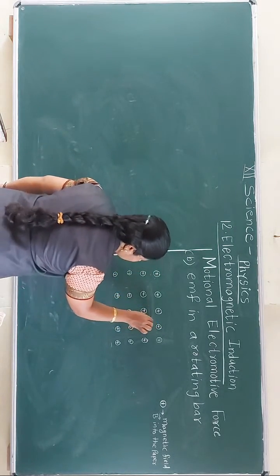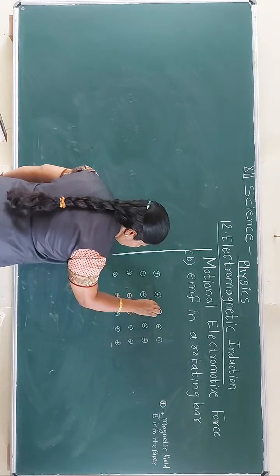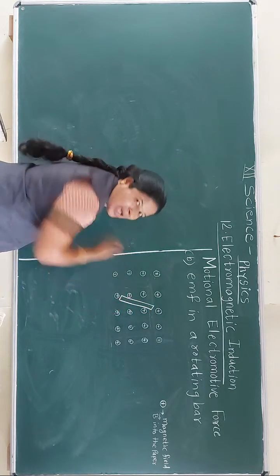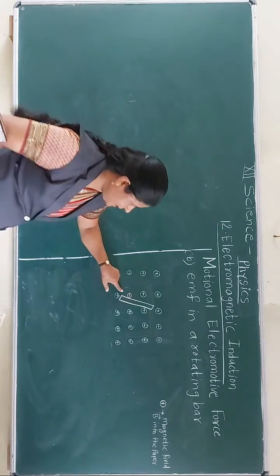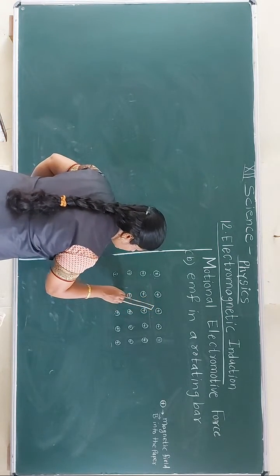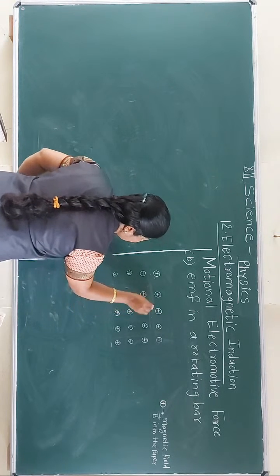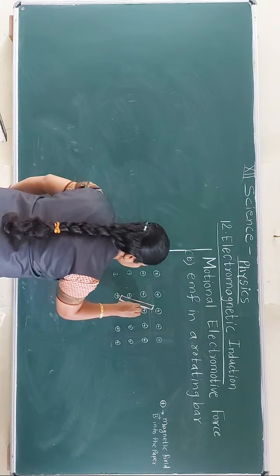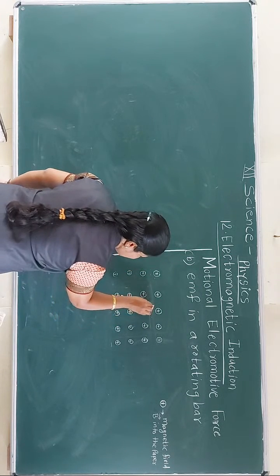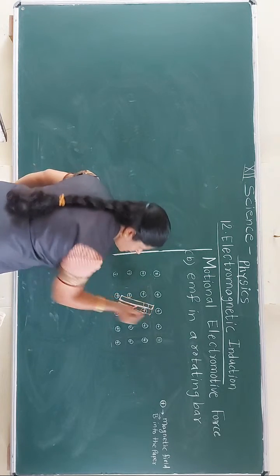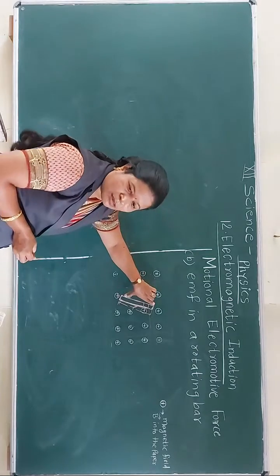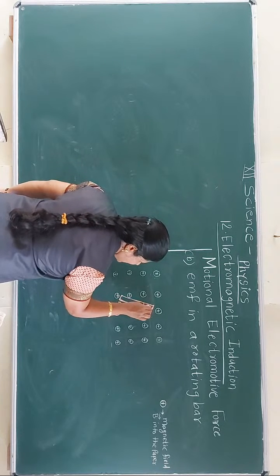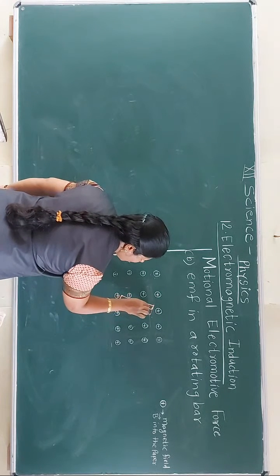For example, this is the conducting bar having the length L. Consider that in that conducting bar there is a small segment.